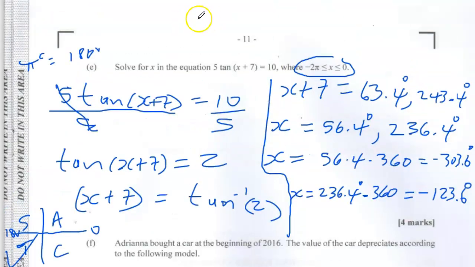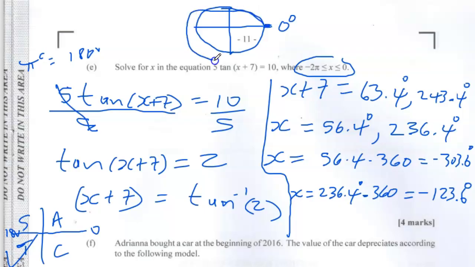And just to remind you why we add or subtract the 360. If you think about it, let's say you have an angle of 0 degrees here, right? And if you go around 360 to the left, you end up right back at 0 degrees.